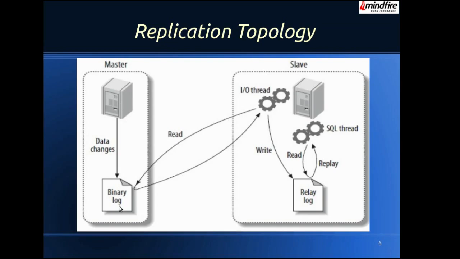The two threads that work on the slave are called the input output thread and the SQL thread. The task of the input output thread is to connect to the master host and read all the events written to the master's binary log file. It takes all those events and writes them to a local file on the slave, called the relay log.